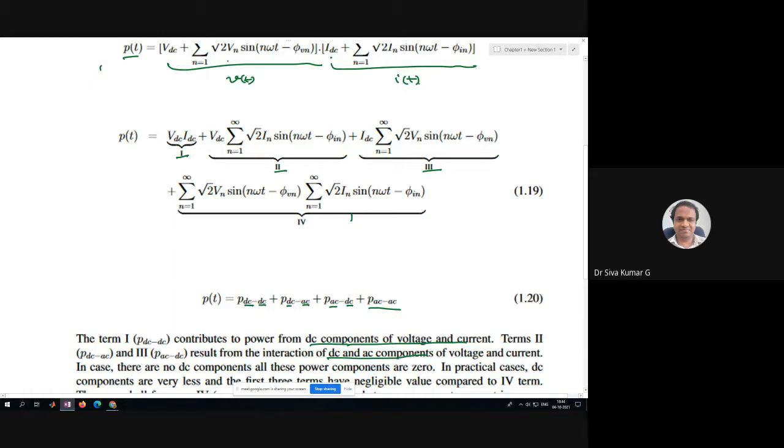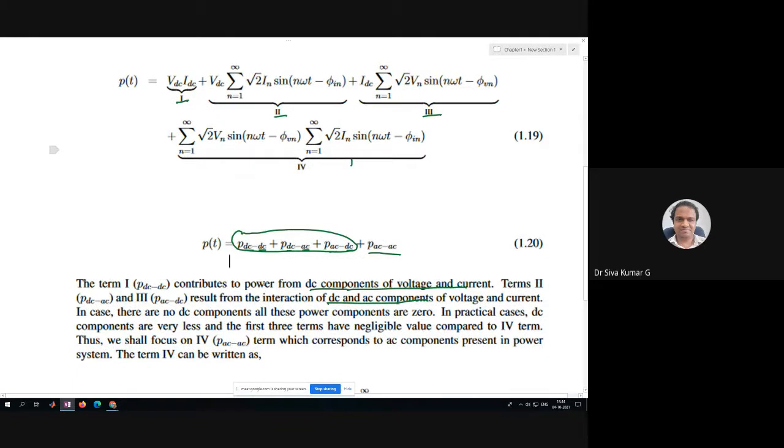In a case where there are no DC components, these terms won't be there. In general, in the distribution system there are no such DC loads available in day-to-day life.